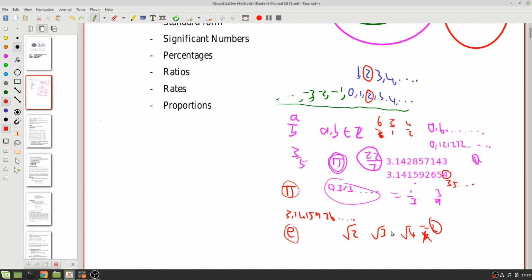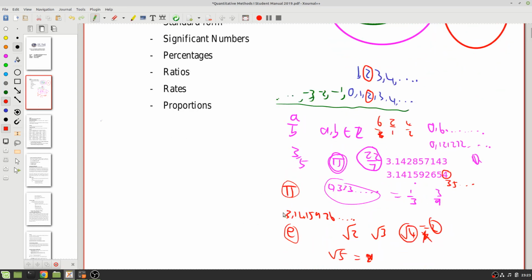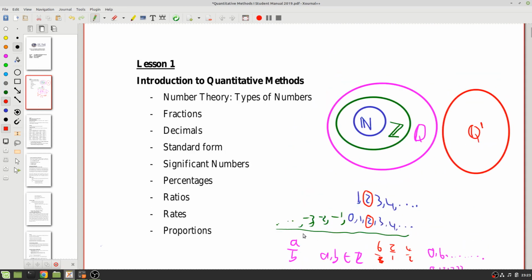But anything that doesn't give you a nice perfect answer as a square root or a cube root or a fourth root will be an irrational number. So if you have square root of 5 and you don't get a nice integer as an answer, then you know it's irrational. So pretty much everything that is some specific constants that you know, like pi or e, or the root of any number that doesn't give you an integer, those are irrational.